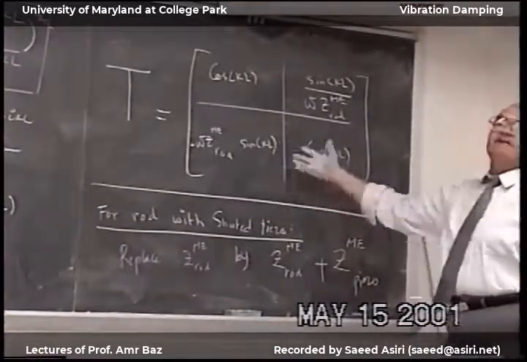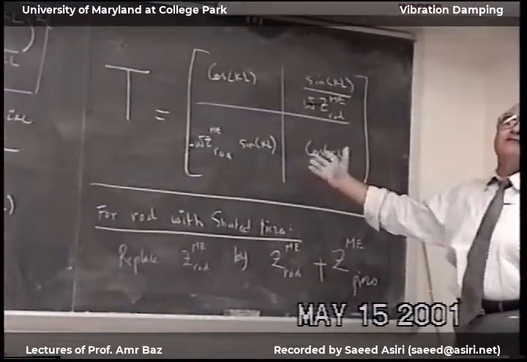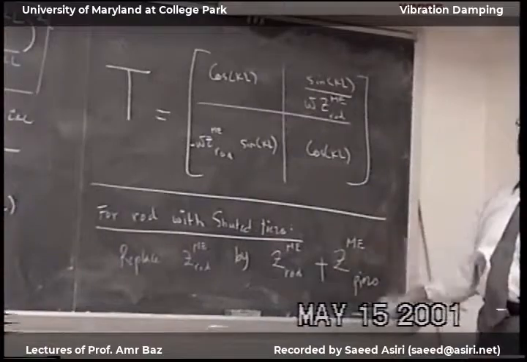We have the transfer matrix. We go in, do all sorts of things that we have done in the past, and you can get all the characteristics.